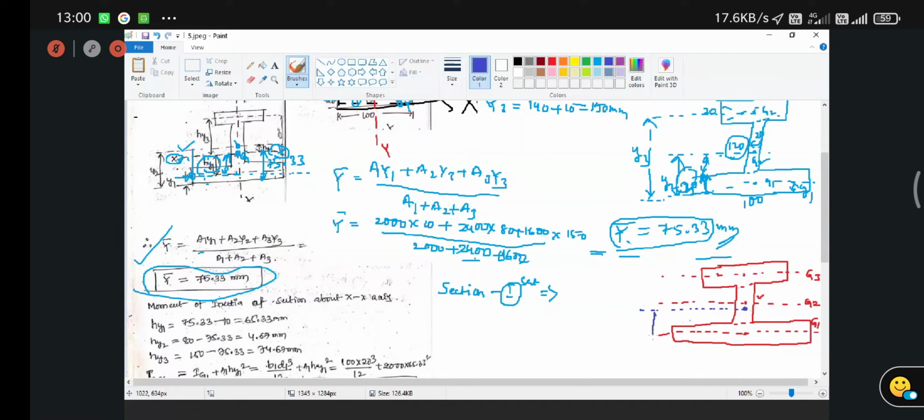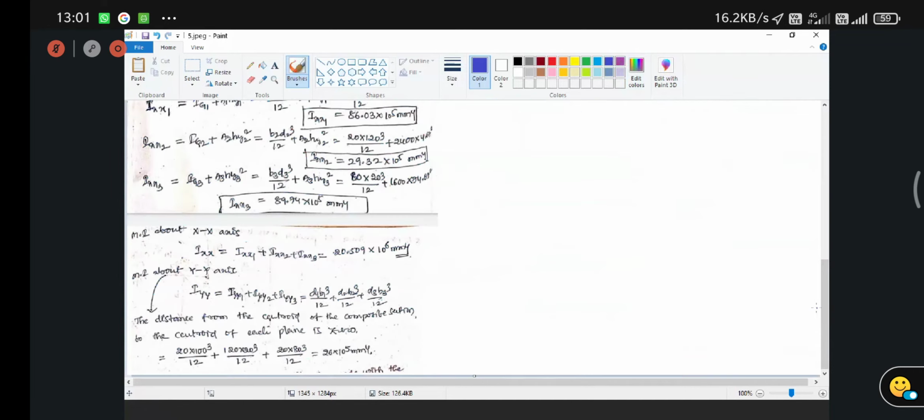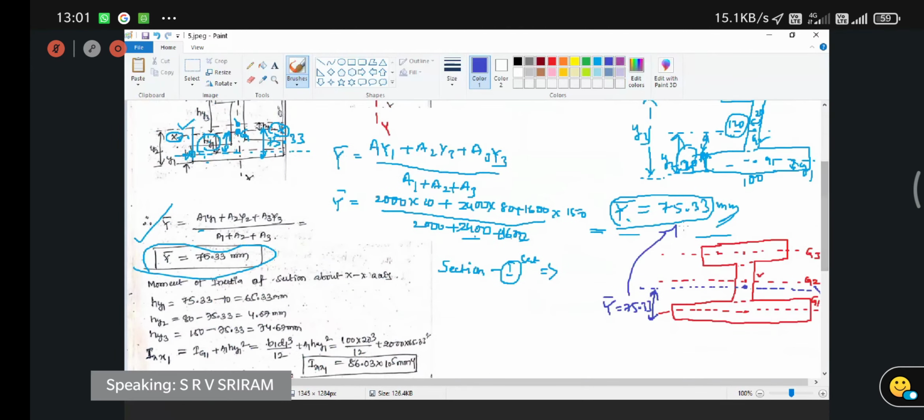From the base axis, it gives the centroid as 75.33, which we got from here. This I section centroid I am going to find now. That is your total thing.